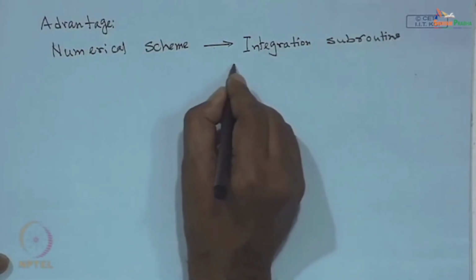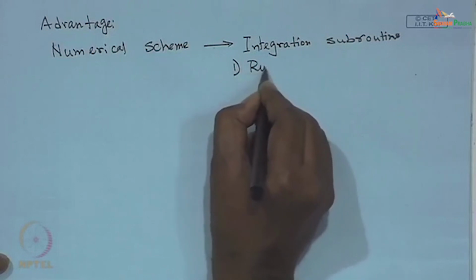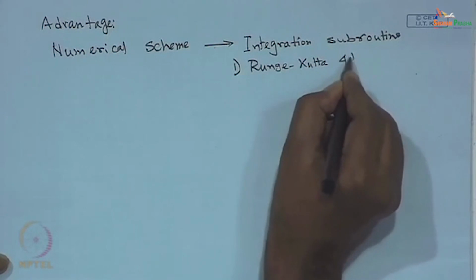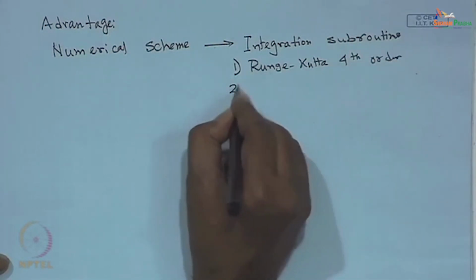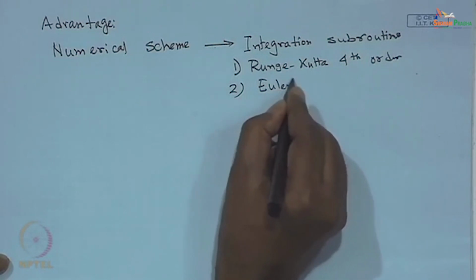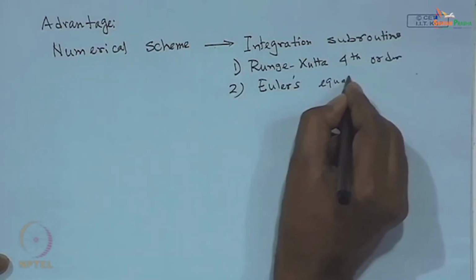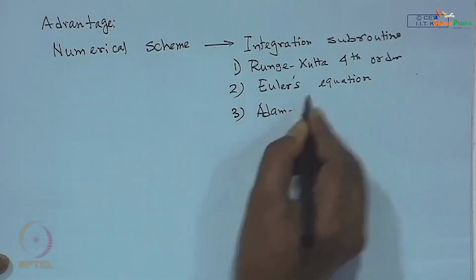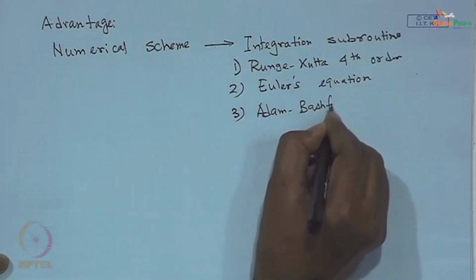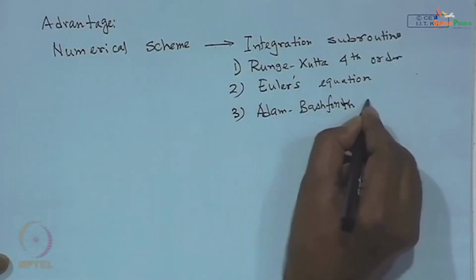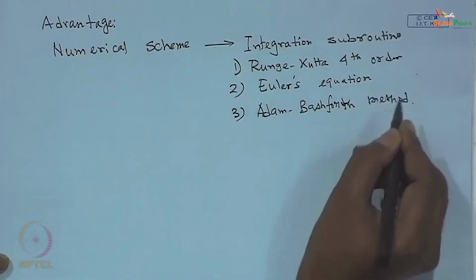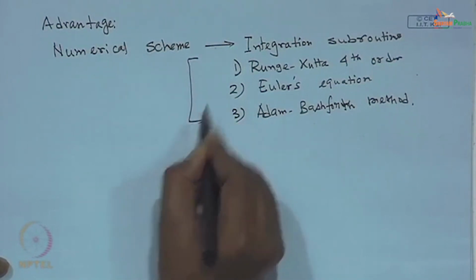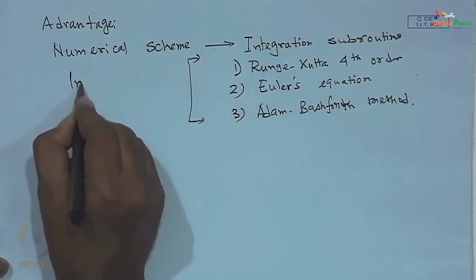These subroutines include Runge-Kutta fourth order, or Euler's method, or Adams-Bashforth method, or predictor corrector method. But all these numerical schemes will be having the disadvantage of instability.